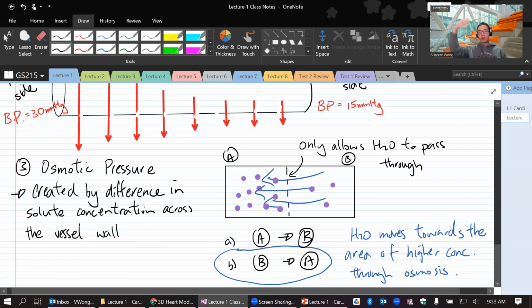So you might have more solute on the inside than outside, and then that will draw fluid towards the inside. So for those of you who chose A, have I convinced you that the answer is B? Anybody want to ask any questions about this so I can clarify for you?